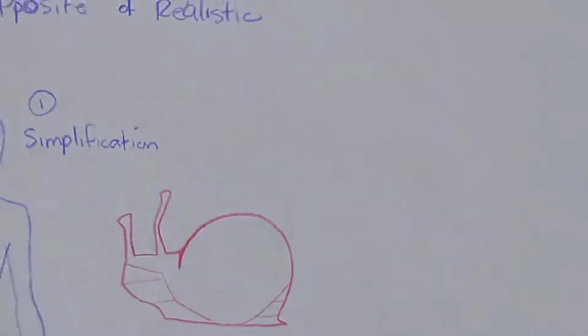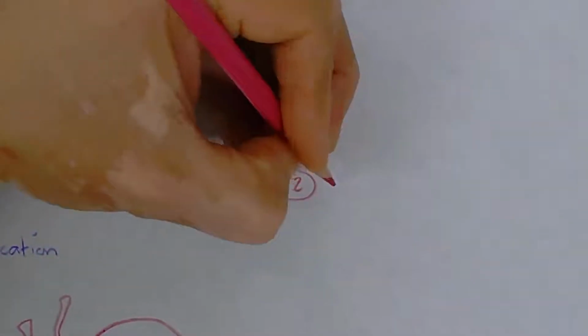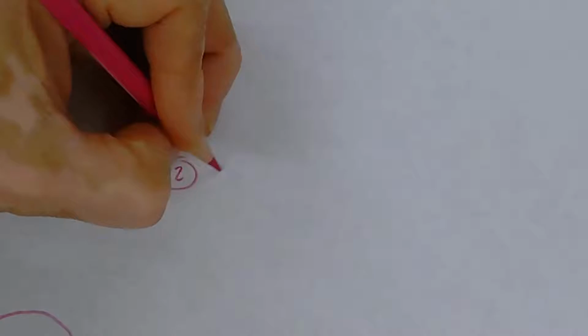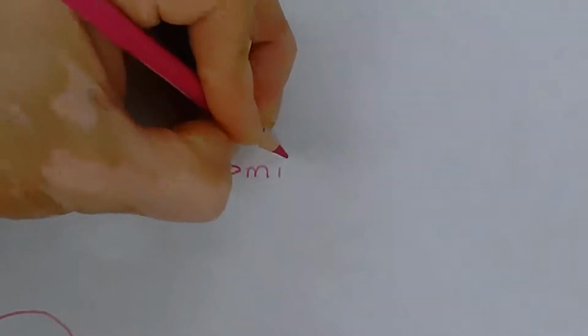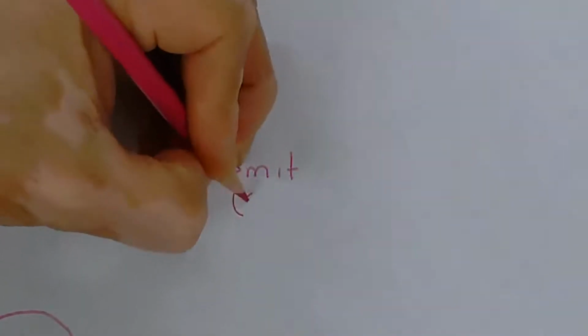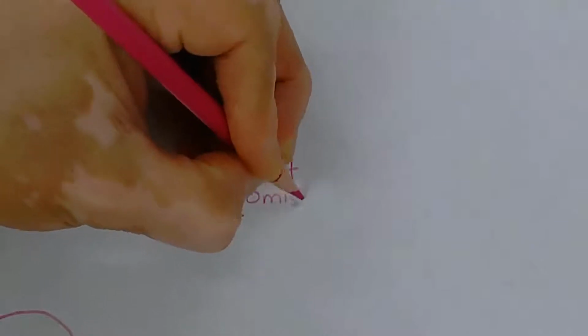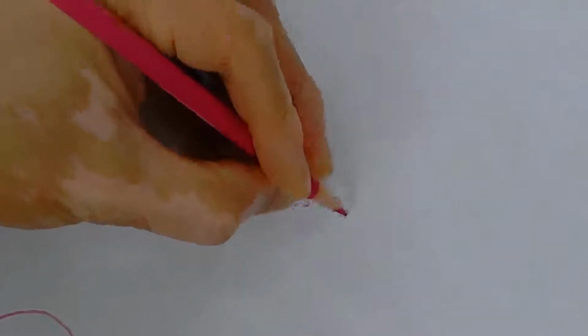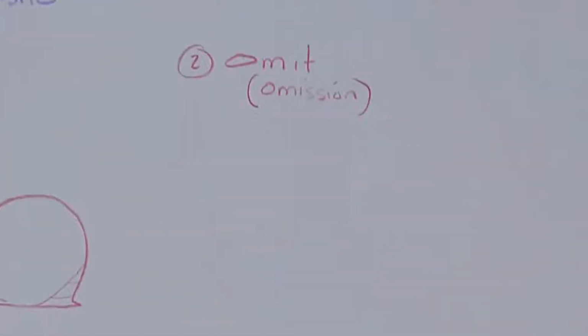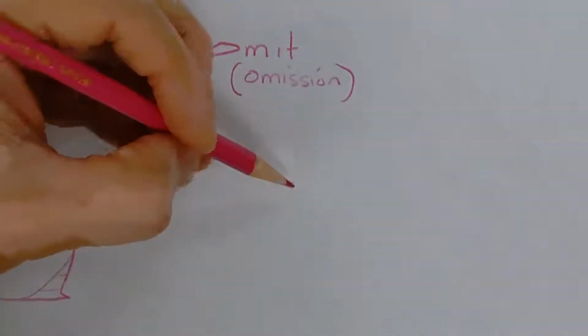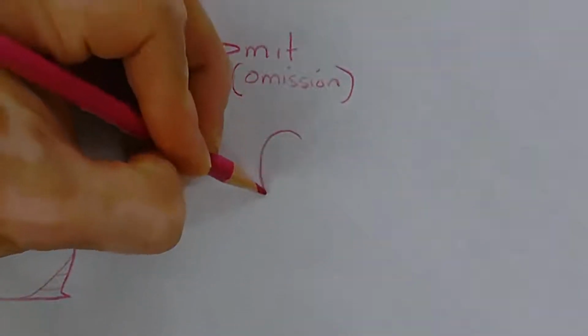All right, another example of this type of sculpture is omission. So number 2, omission. To omit basically means to remove something.